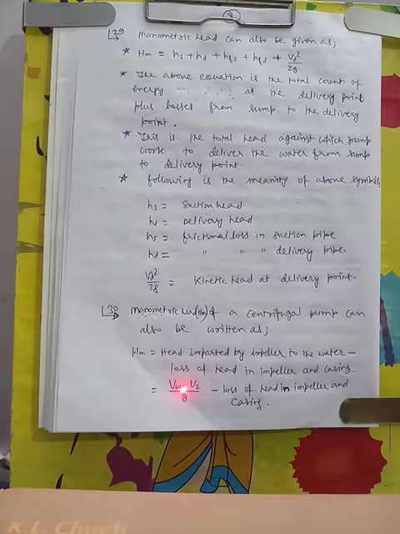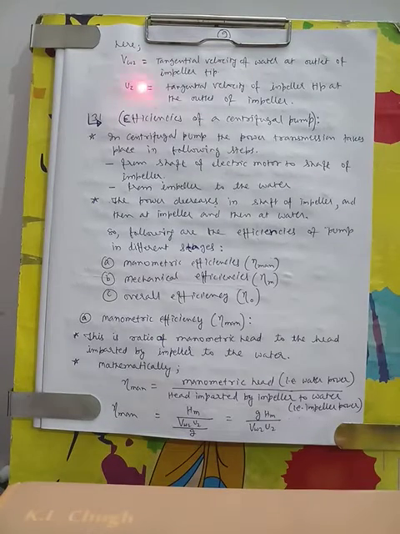VW2 is the tangential velocity of water at the outlet of impeller, whatever velocity the impeller is imparting to the water, and U2 is the velocity of the tip of the impeller, divided by acceleration due to gravity. VW2 is the tangential velocity of water at the outlet of the impeller tip, and U2 is the tangential velocity of the impeller tip at the outlet of the impeller. So this derivation we will see afterward when we see impact of jet and turbine.